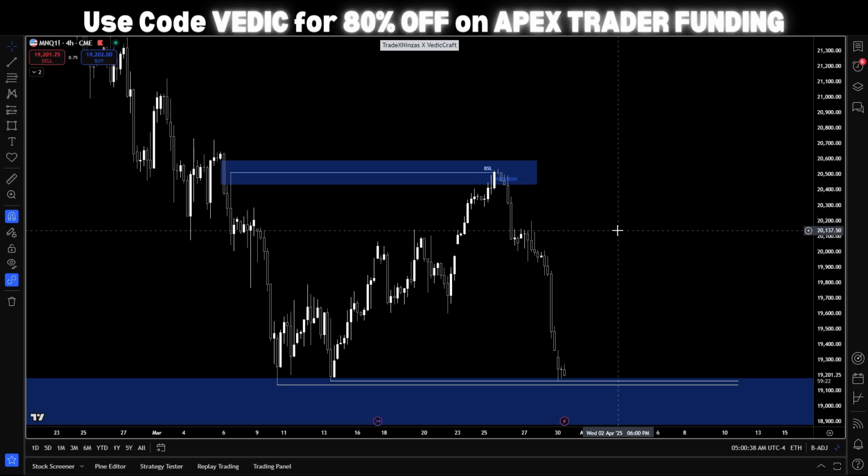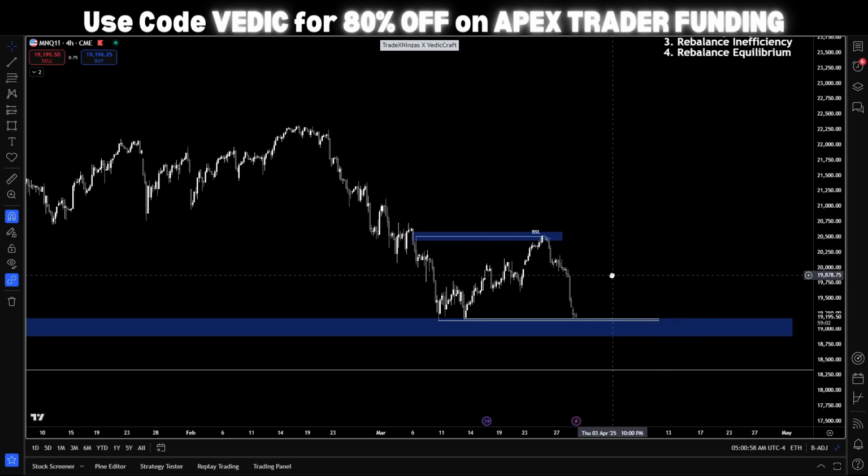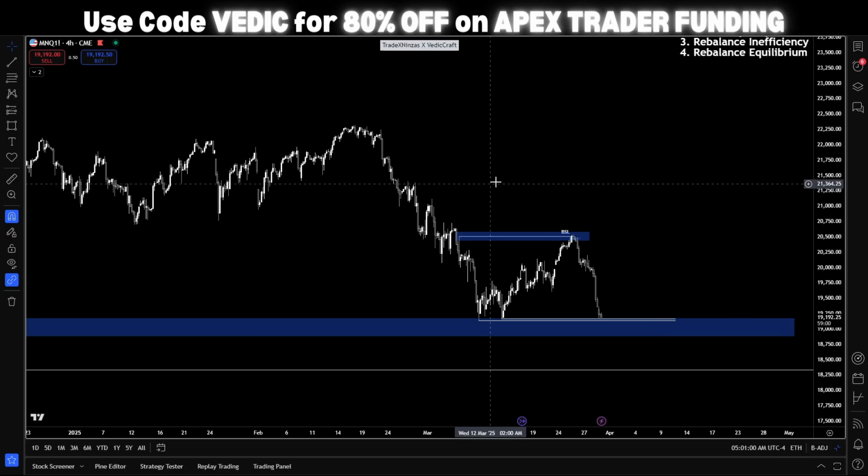Manipulation is just a fake move, or you can say a Judas swing high or low. If we want to go lower, we will manipulate higher, and if we want to go higher, we will manipulate lower.